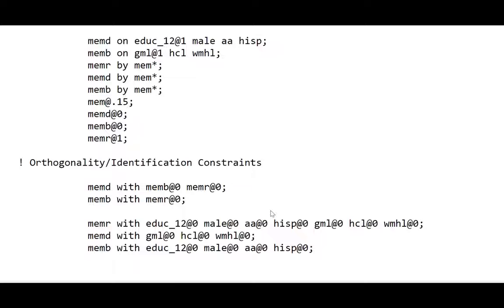Okay, then the other thing you have to do to specify this model and make sure that the effects are orthogonal is MEMR has to be uncorrelated with all of the individual indicators. MEMD has to be uncorrelated with the brain indicators, and MEMB has to be uncorrelated with the demographic indicators.